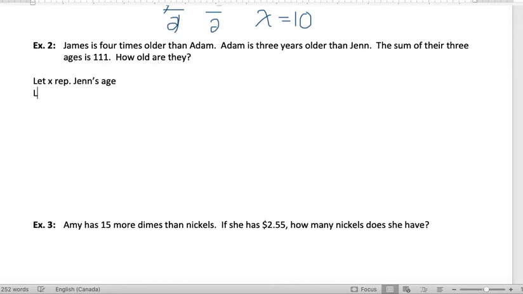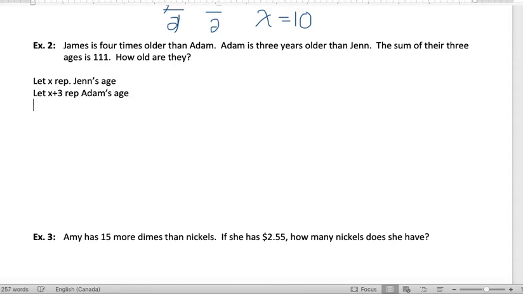So Adam's age is 3 years older than Jen. So he is Jen's age plus 3. Okay, so this x is just Jen's age. This whole x plus 3 is Adam's age. Then we get to James's age.